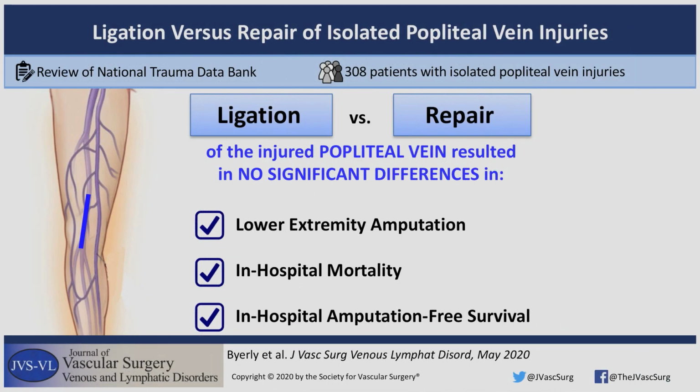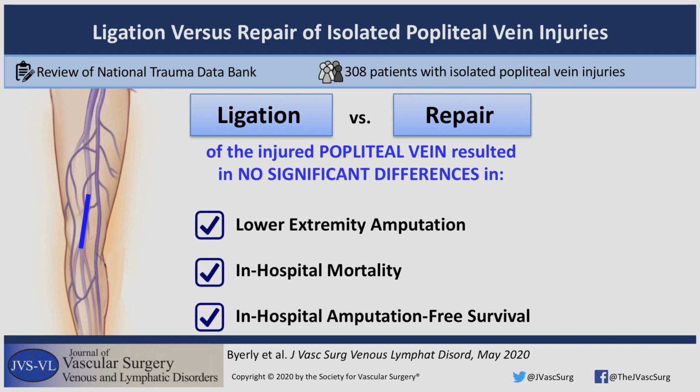This study compared in-hospital outcomes of repair versus ligation of isolated popliteal vein injuries in 308 patients. Surprisingly, analysis of data from the National Trauma Data Bank found no significant early differences in lower extremity amputation, in-hospital mortality, and in-hospital amputation-free survival between the two groups.